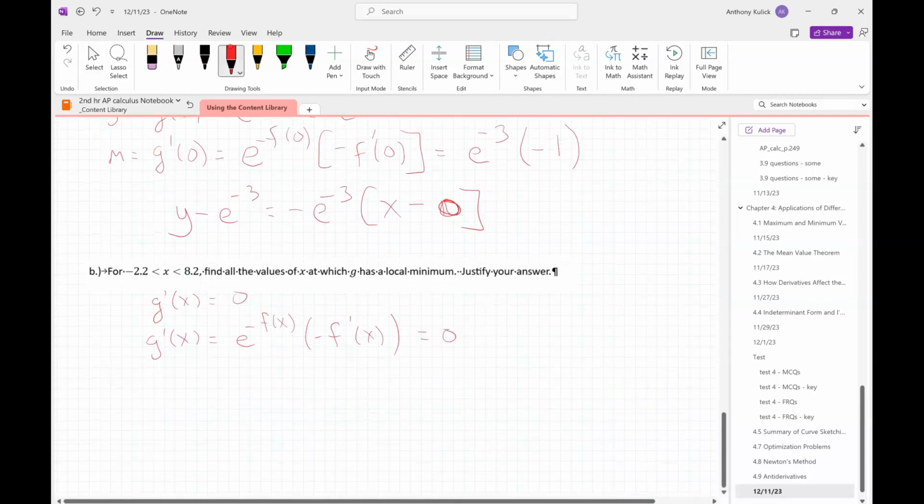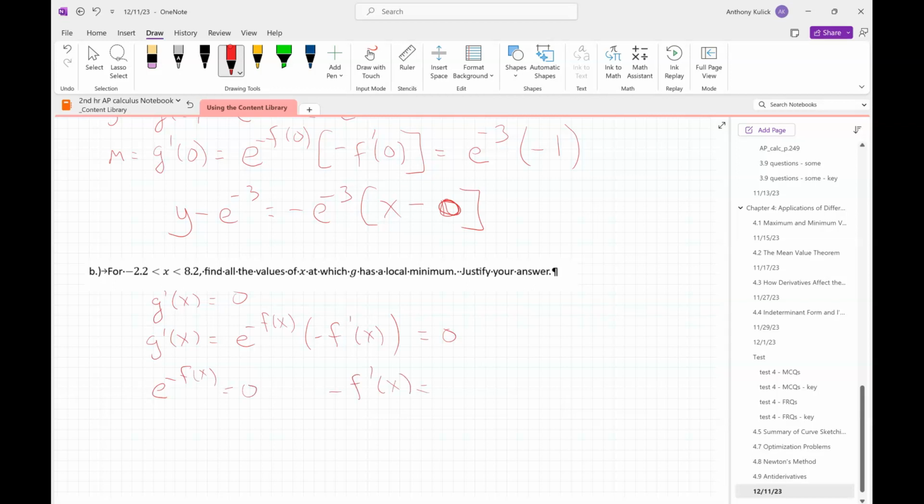So I can use the zero product property here. I know this part gives me no solution because an exponential is never equal to 0, because all we're doing is multiplying non-zero numbers together. You can never get to 0.